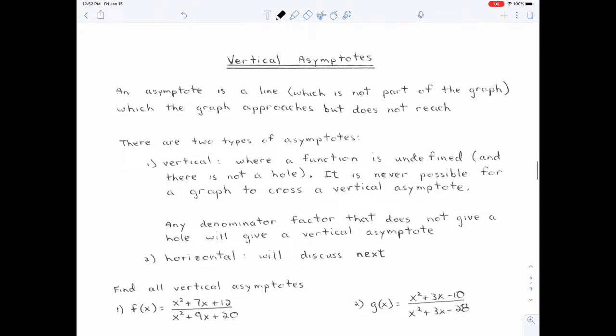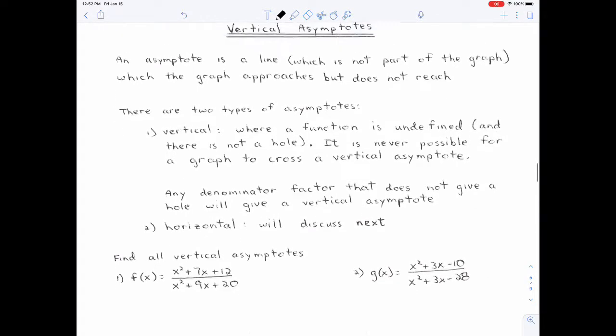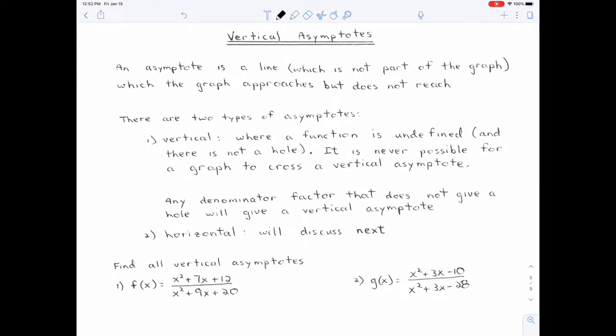Okay, so an asymptote is a line which is not part of the graph, which the graph approaches but does not reach. Now, the two types are vertical asymptotes and horizontal asymptotes. We're going to talk about vertical asymptotes first. Wherever a function is undefined and there's not a hole, you have a vertical asymptote.